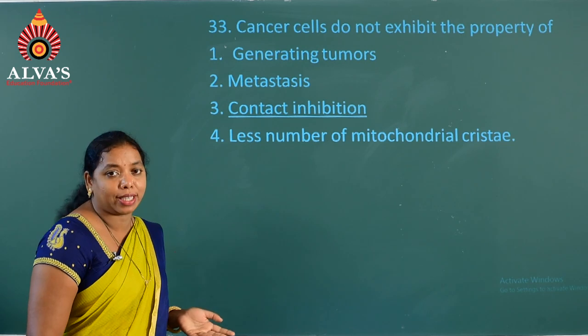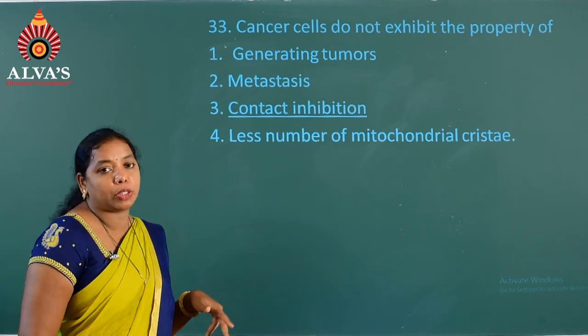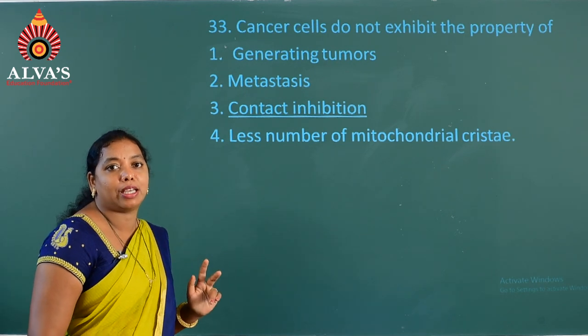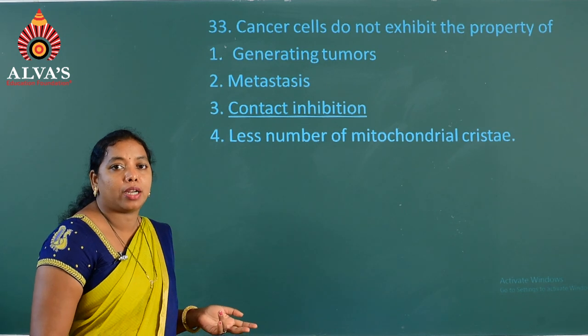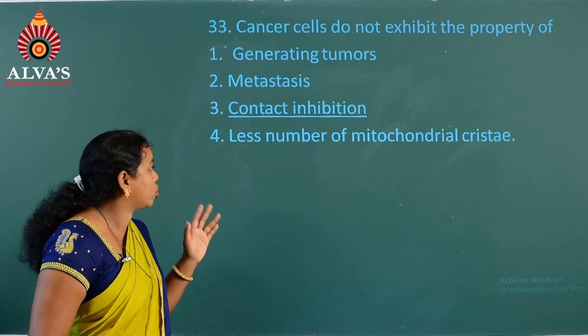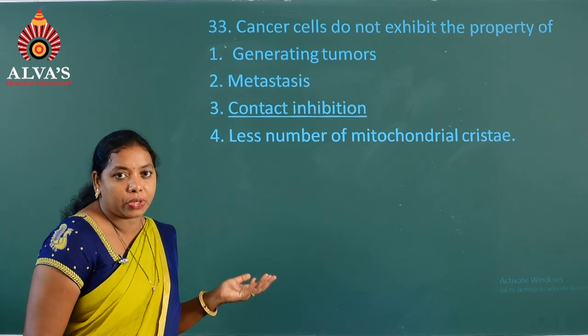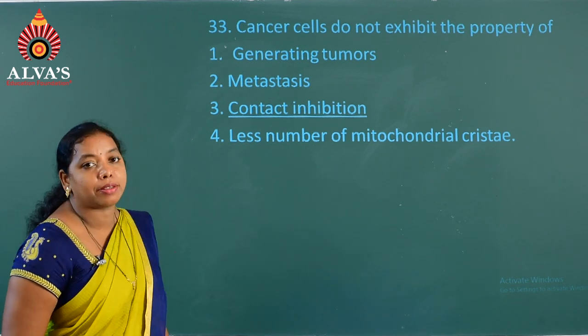And the next one is contact inhibition. Cancer cells do not exhibit contact inhibition, because it is a property of normal cells. We know that cancerous cells have the property of loss of contact inhibition, and they have fewer mitochondrial cristae. Hence the correct answer for question number 33 is the third one.